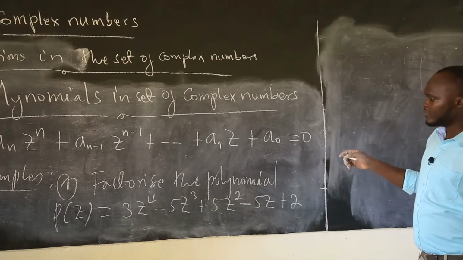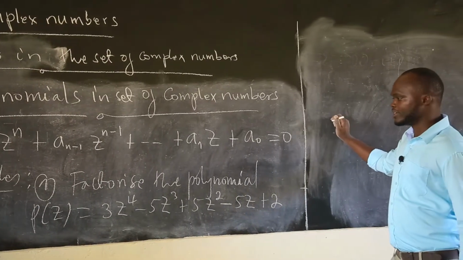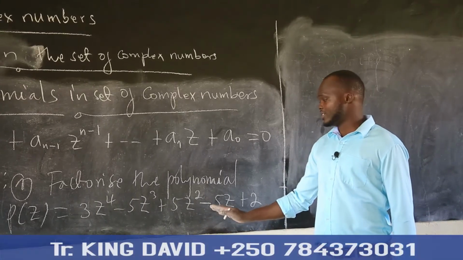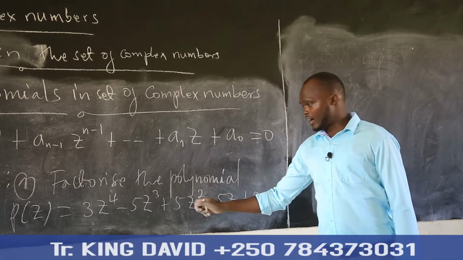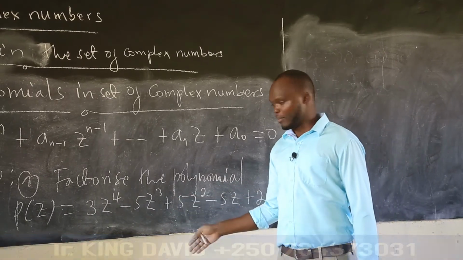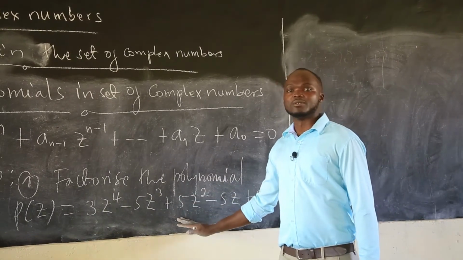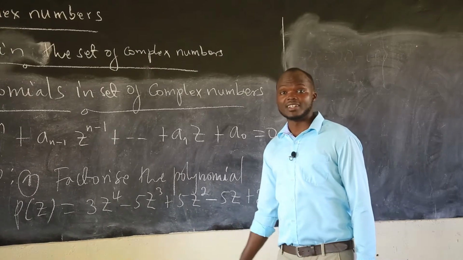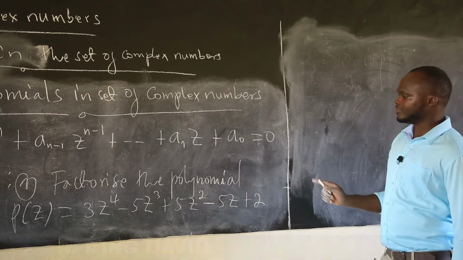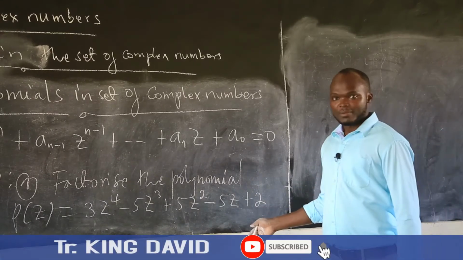So how do we factorize that polynomial? Remember, in the set of real numbers, we also did polynomials. How can we factorize a polynomial? Remember what we do: we start by finding a factor or a root. So here, it is the same.